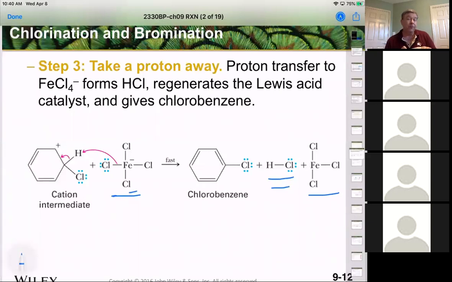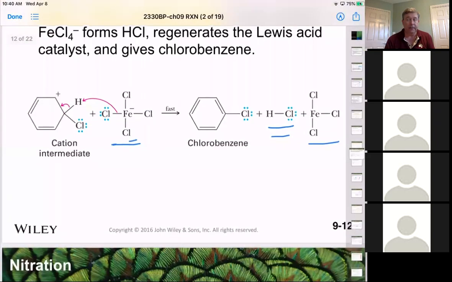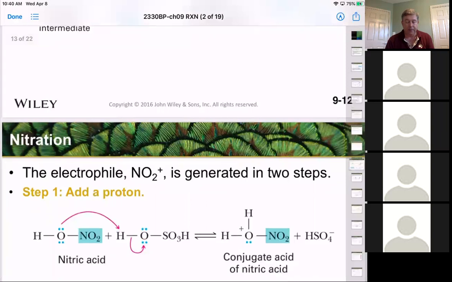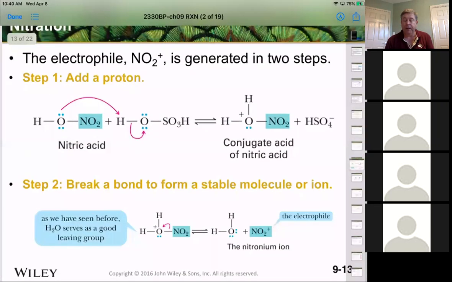Okay, let me go through another one and show you it's the exact same mechanism for nitration or sulfonation or the Friedel-Crafts reaction. So in nitration, again, we do the same thing. We form this protonated species here that generates, when it decomposes, this electrophile.